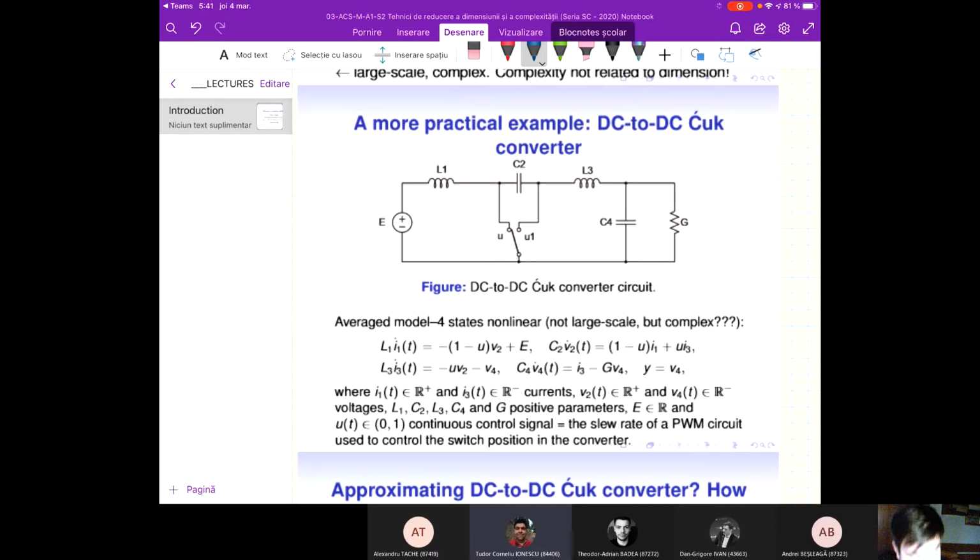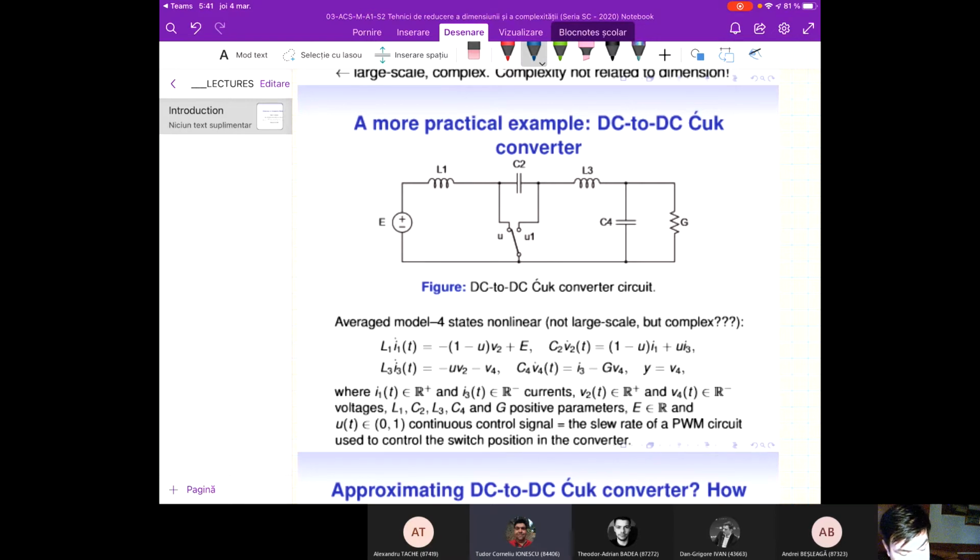Here we explain what the variables and states are, the currents and the voltages, and these quantities L1, C2, and so on are positive parameters.